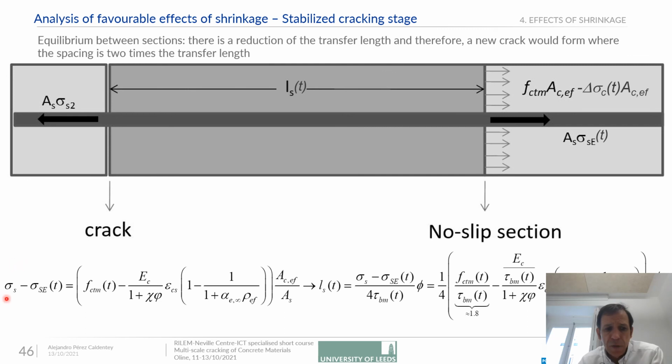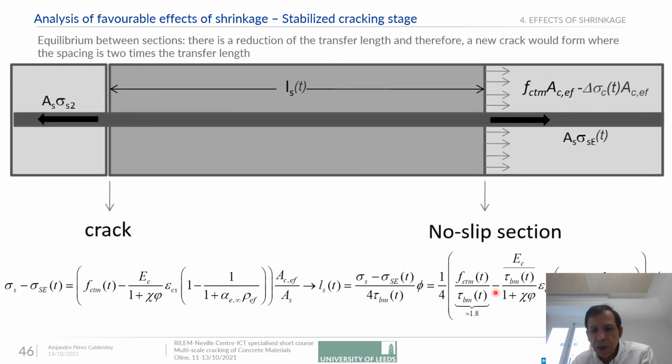So if we can obtain this difference of stresses, which intervenes in the expression of the transfer length, from this equilibrium, in the end we can see that the transfer length, which was equal to this expression as shown before, gives the regular expression of the transfer length, but then we have a factor which is here, which you cannot see unfortunately due to my screen, which is the effect of shrinkage.